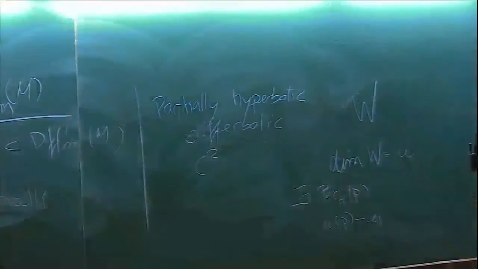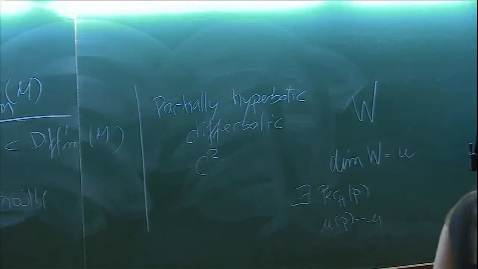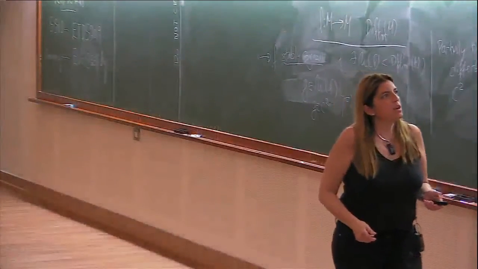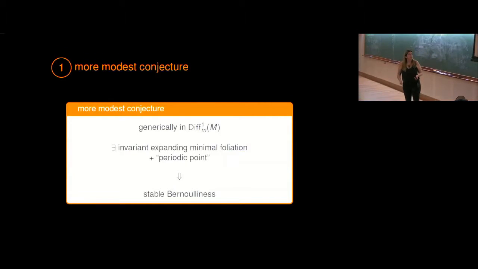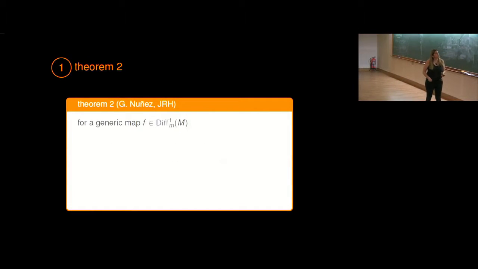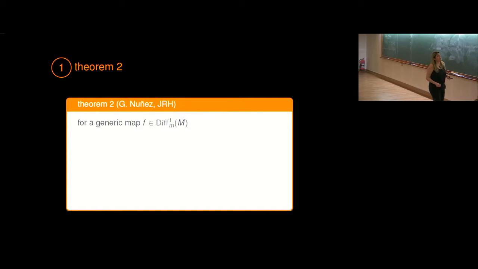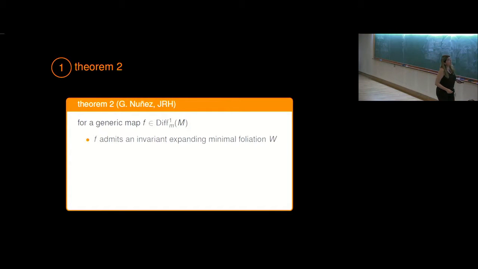Okay. So we have a second theorem which gets close to this, but not as close as we wish. We say that for a generic map, if we have an invariant expanding minimal foliation, let me say something here. We are proposing minimality as a new mechanism for stable ergodicity.